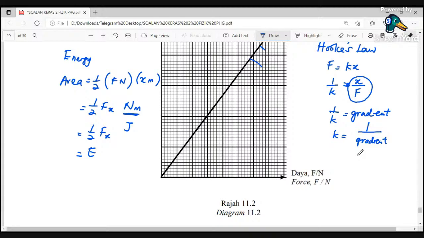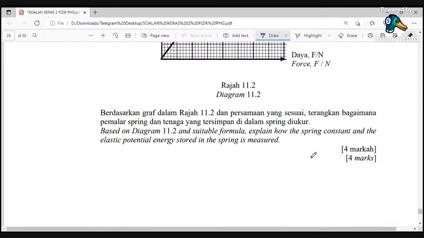So you describe, explain how you determine. Okay, how you determine, you can explain first one.